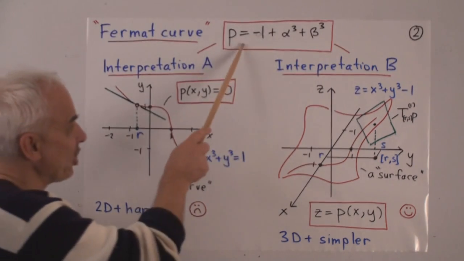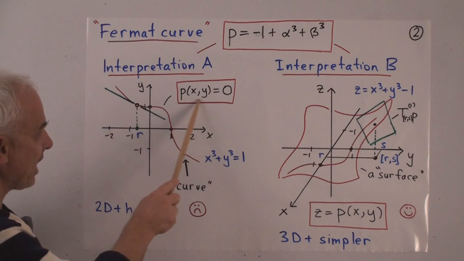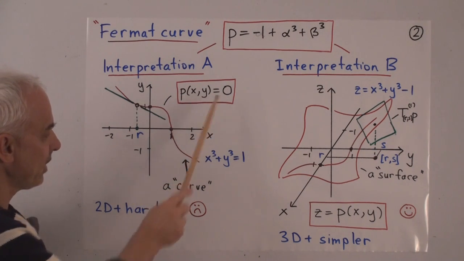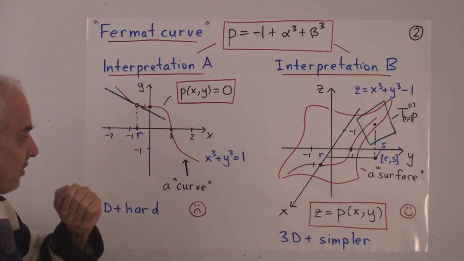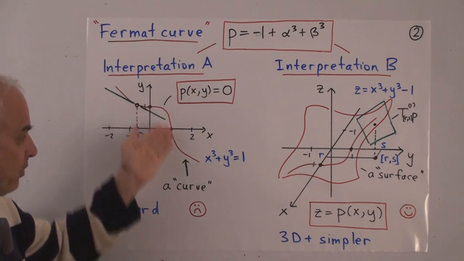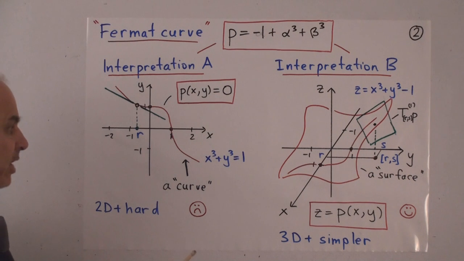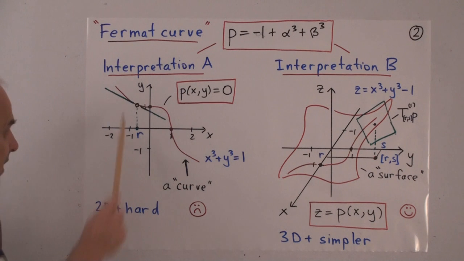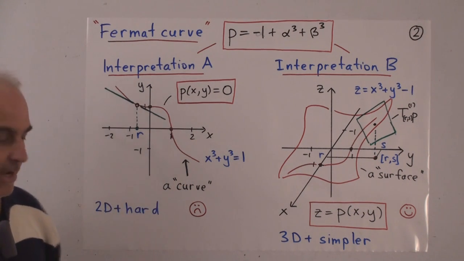So one interpretation of such a polynumber is interpretation A, where we interpret it as a curve, P of x, y equals 0. So in other words, we're setting the equation or expression equal to 0 and looking to see where we can have some solutions in the plane. That's where we get the familiar equation x cubed plus y cubed equals 1 from, and that's where this picture comes from. This is a curve in the plane, at least we can see it.